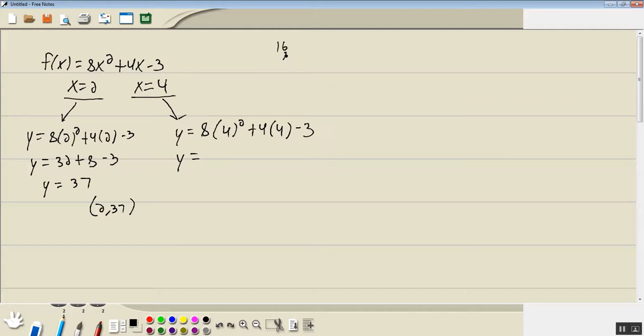I got 16 times 8, which is 128, plus 4 times 4 is 16 minus 3. 16 minus 3 is 13, plus this is 128 plus 13 gives us 141. So this point is 4 comma 141.